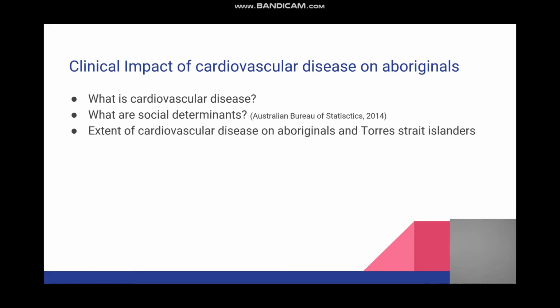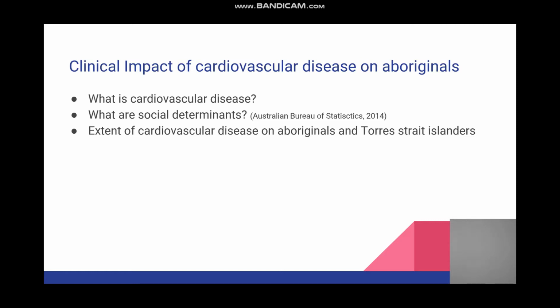On the extent of cardiovascular disease in Aboriginal and Torres Strait Islander people, according to the Canadian Journal of Cardiology, 1 in 4 people in Aboriginal communities living in urban areas are suffering from cardiovascular disease, and over 90% have at least one risk factor of cardiovascular disease.